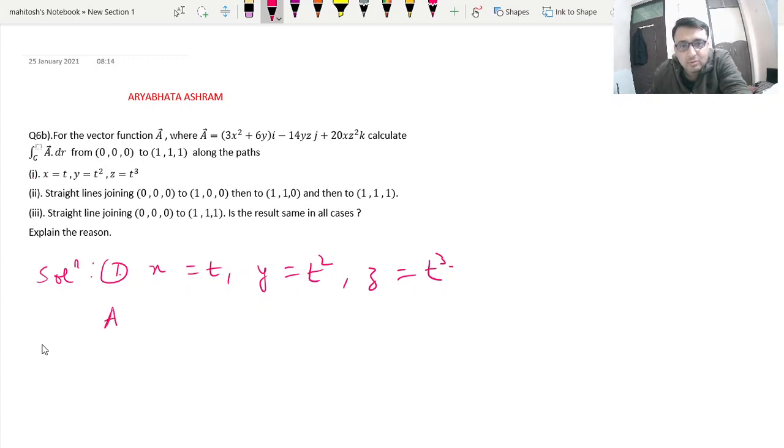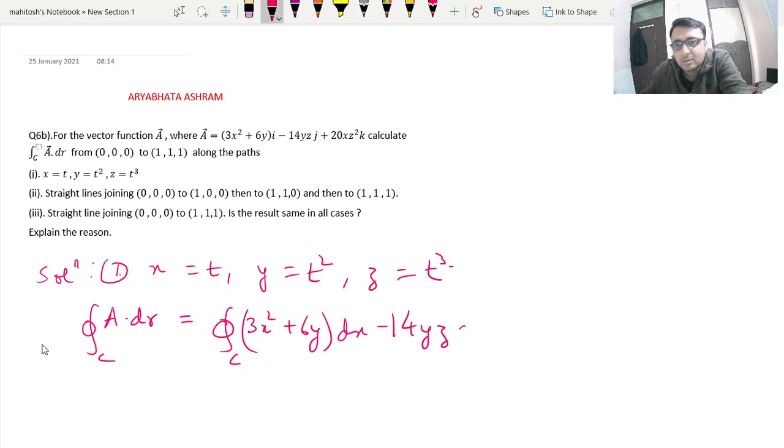So first we will do a dot dr, which is nothing but (3x square plus 6y) dx minus 14yz dy plus 20xz square dz.